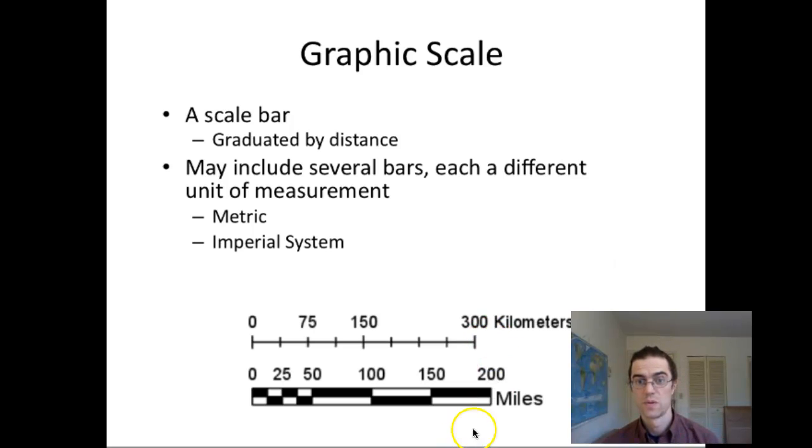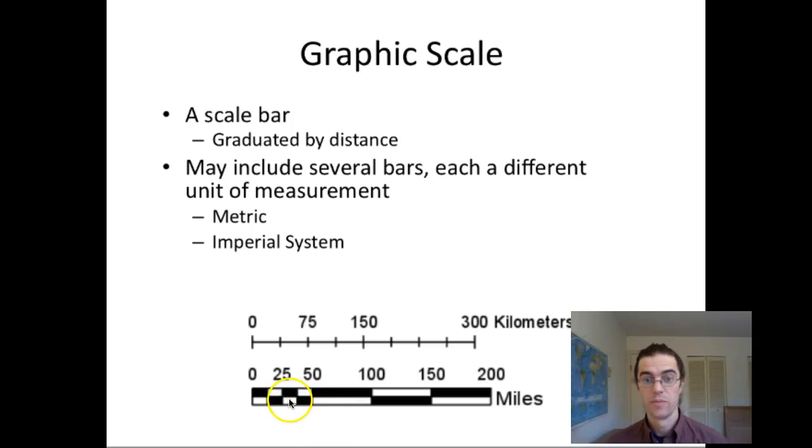And I don't think those are to scale right there. 200 miles would be, yeah, those are to scale. 200 miles would be 320 kilometers, so that's about 20 over. And that's probably an actual scale bar taken from a map. That's why it lines up so well like that.